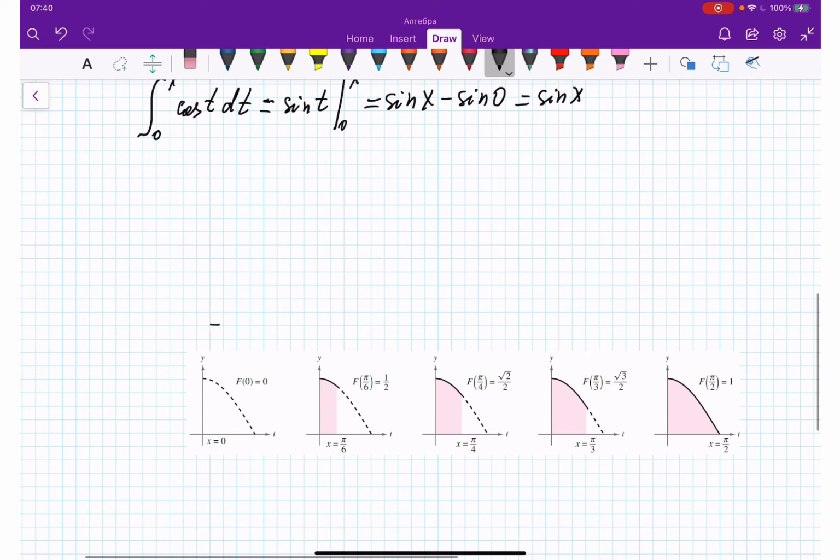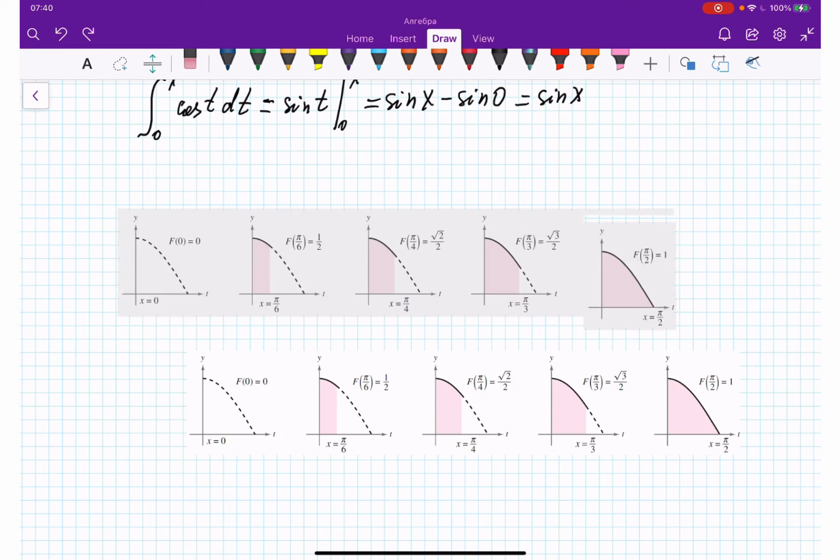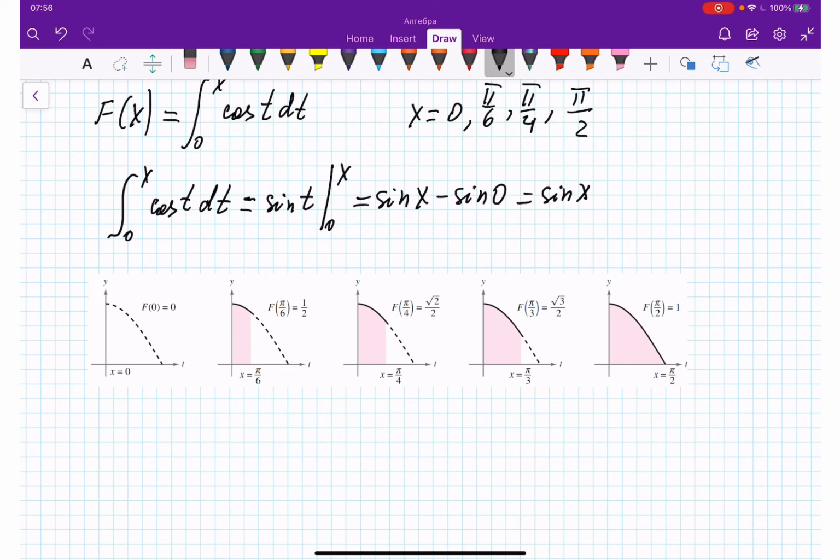I have prepared this already, so as not to waste your time, because there are too many. Now, using F of x equal to sine x, we can obtain the results shown in this picture.